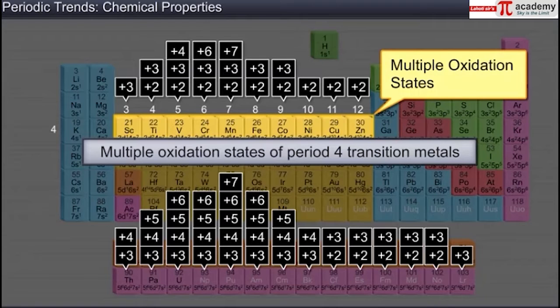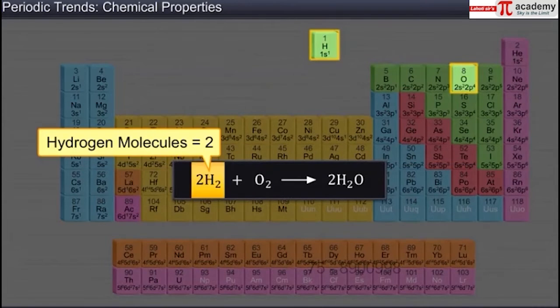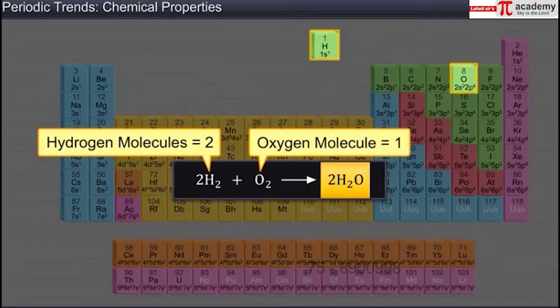Now, let's understand the role of oxidation states of individual elements during the formation of compounds. The number of atoms of each element required for compound formation depends on the oxidation states of the elements.